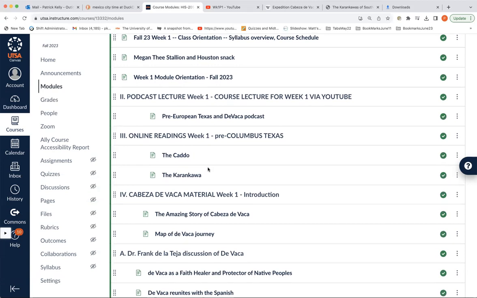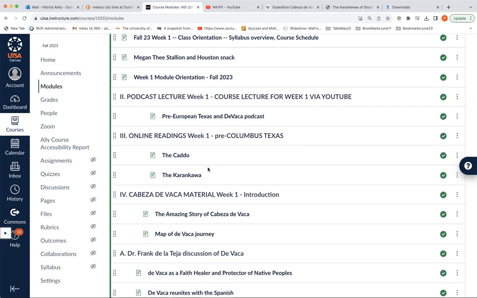There were dozens of native groups in Texas in the 1520s when Cabeza de Vaca washed ashore. I could drive you nuts by talking about all of them, but I'm not. I'm focusing just on two. I try to just focus on what I think is important. And I guess I'm making selections and I'm making choices.